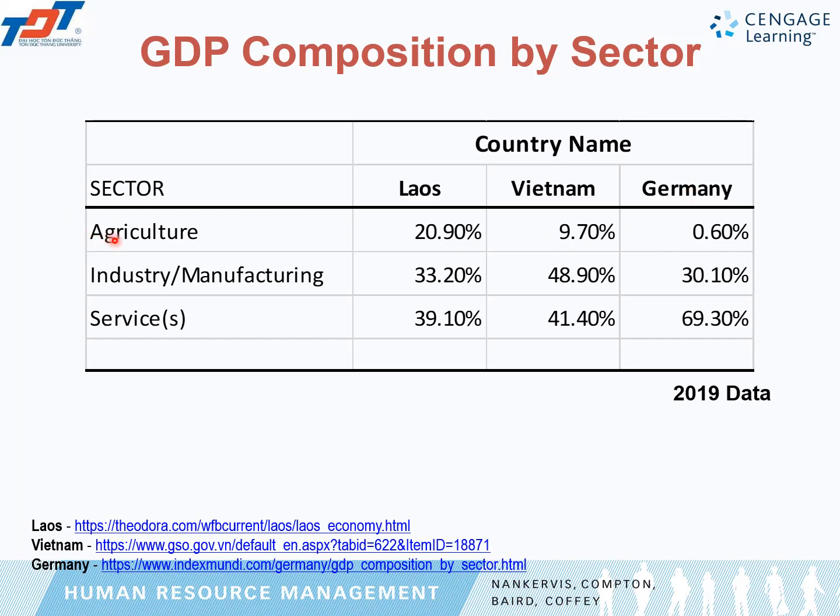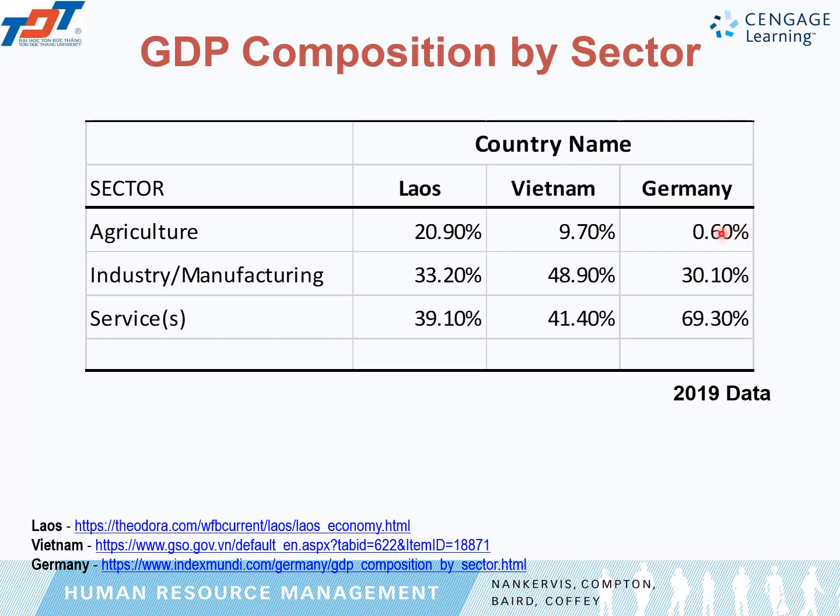So we have the three sectors: agriculture, manufacturing, and services. And what you can see is the more underdeveloped the country, the more important the agricultural sector is as part of the GDP. So for instance, in the case of Laos, in 2019, almost 21% of the GDP was generated by the agricultural sector.